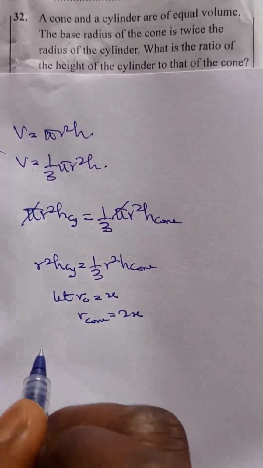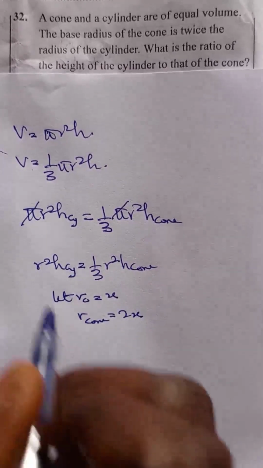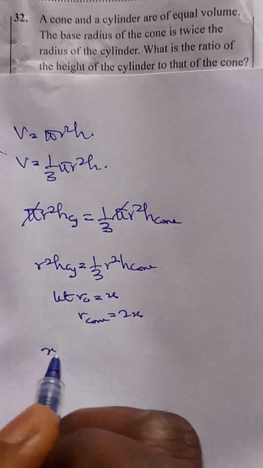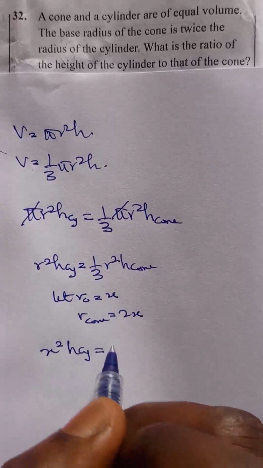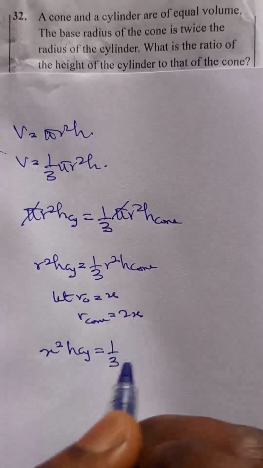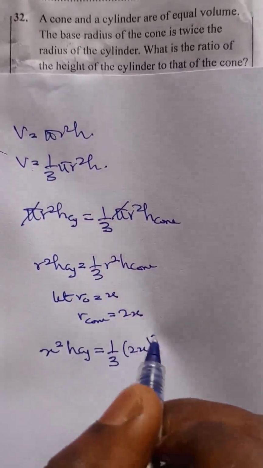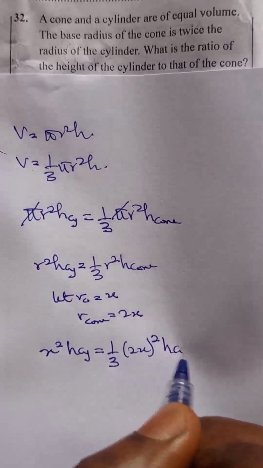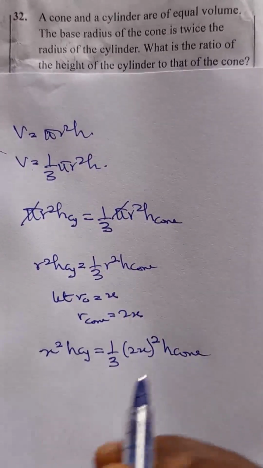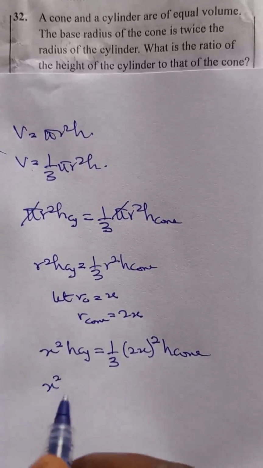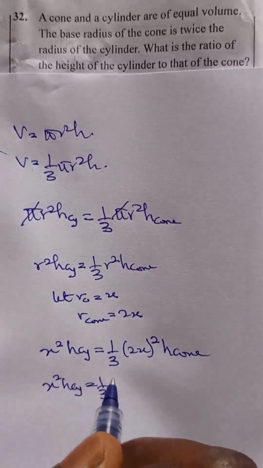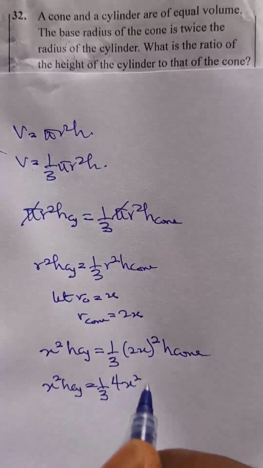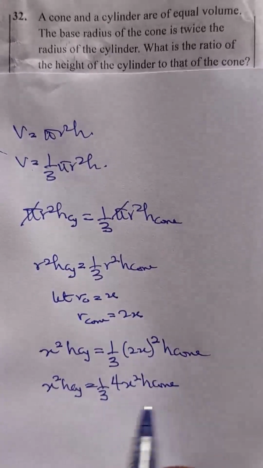When you put this in this equation, instead of r square, we are going to have x square, height of cylinder, is equal to 1/3, and then this 2x square, height of cone. Now this is simple. Now we have x square, height of cylinder, is equal to 1/3. This is going to give us 4x square multiplied by height of cone.